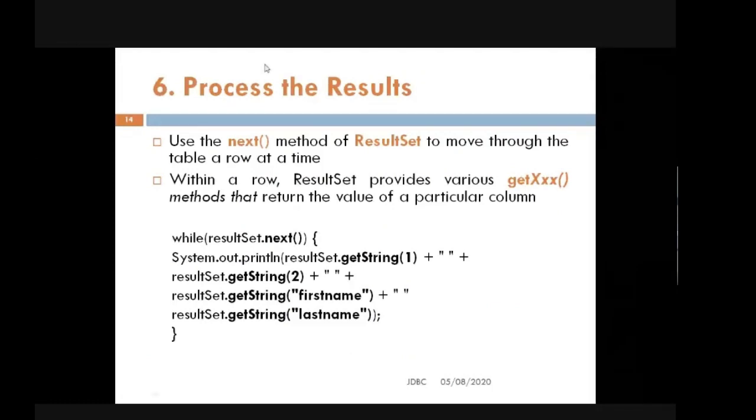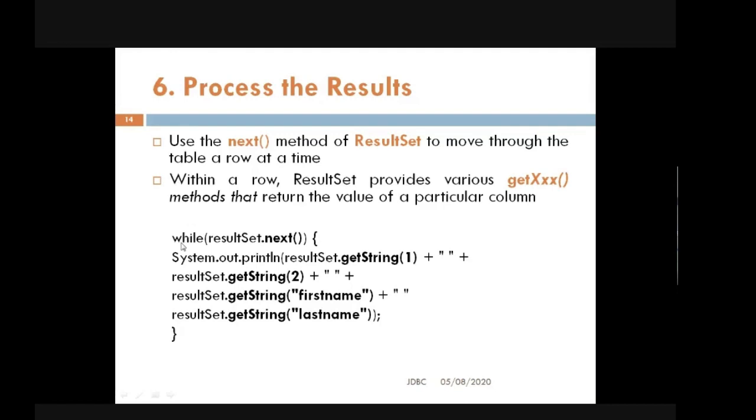Finally, after executing the query, you have to process the result that has been affected by the particular query. If it is a select query, then you have to iterate it. The result set object will be containing many rows, so you can iterate through the rows and display the data available in that row.